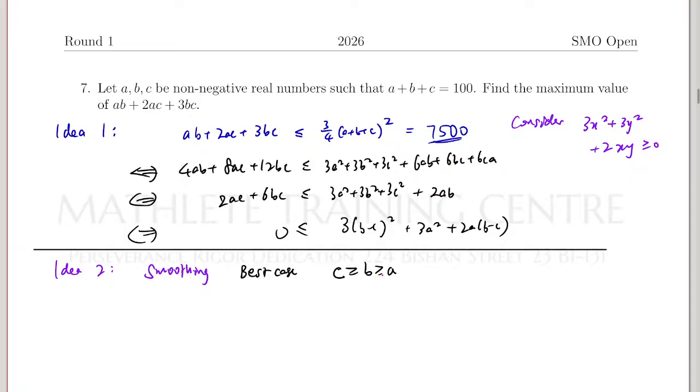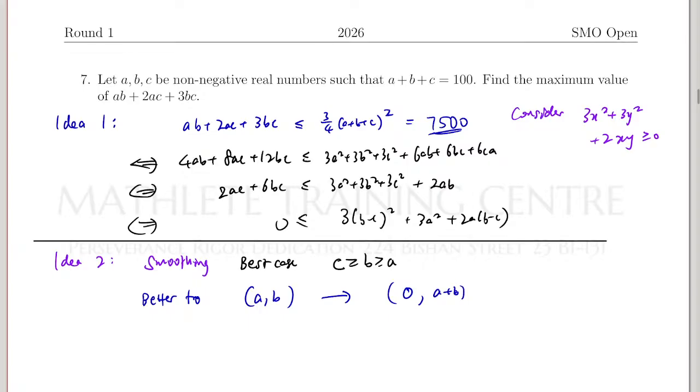Because of this, I'm going to throw everything into B. Instead of using general A and B, it's better to just give everything to B, so replace them by 0 and A plus B. What does it mean?